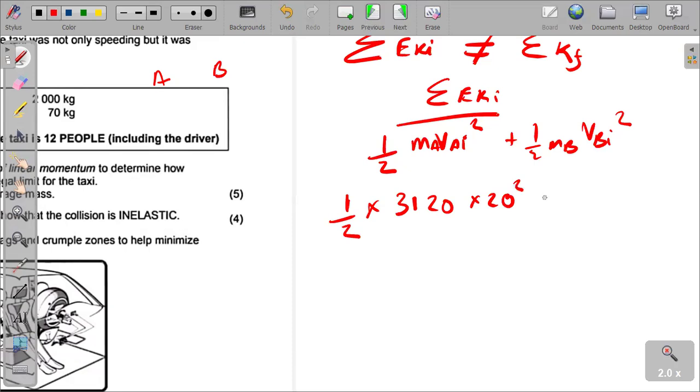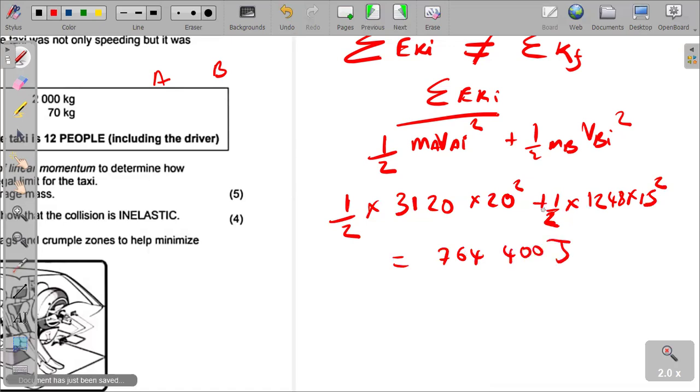Plus half multiplied by MB, that's 1,248 times 15 squared, right? And that definitely gives us 764,400 joules. That's our total kinetic energy before the collision.